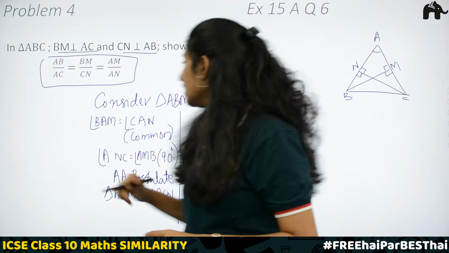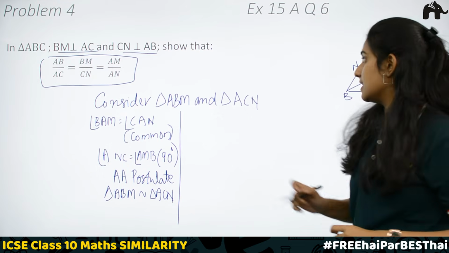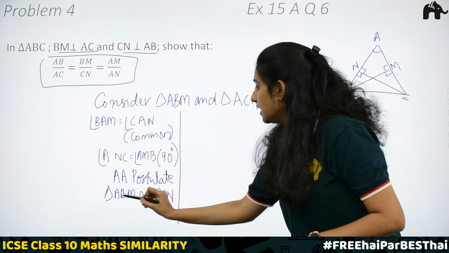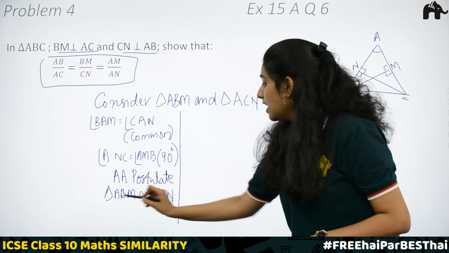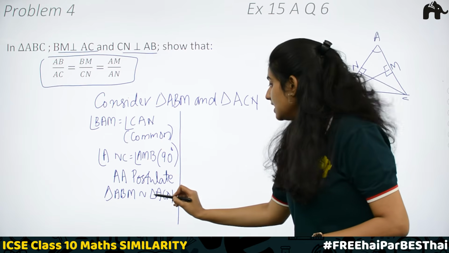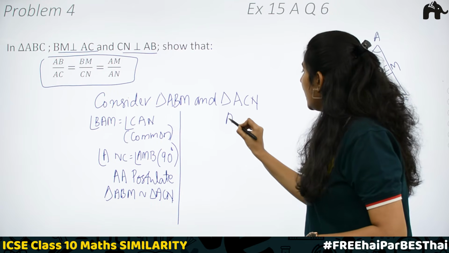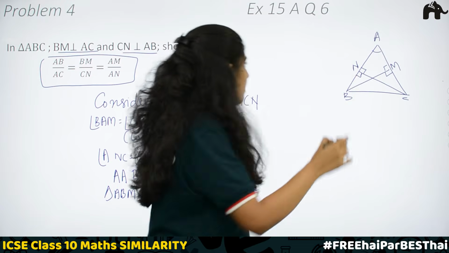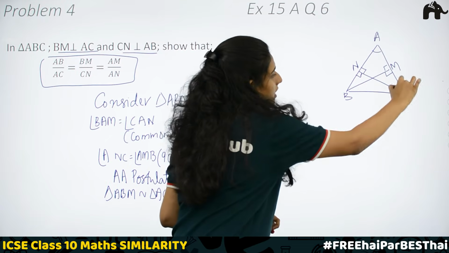Now we can take the ratio of the corresponding sides. When you take triangle ABM and ACN, the corresponding side for AB from triangle ACN is AC. Therefore, AB by AC. Here we have AB, here we have AC.